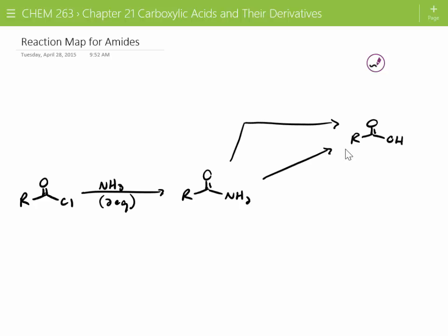and we can do this 2 different ways. We can either add acid and crank up the heat, or we can add base, crank up the heat, and then quench with acid. Both of those will work to interconvert between our amide and our carboxylic acid.